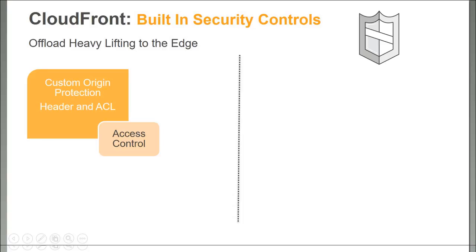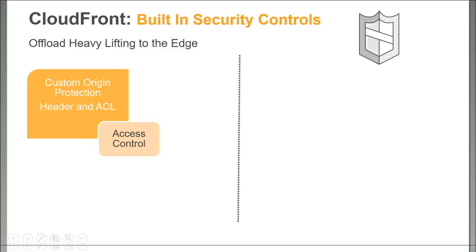First, we have the ability to protect or control access to your origin, your AWS hosted origin or your custom origin, by injecting headers and ACLs. So you can have CloudFront inject a header into all requests that go back to your origin, such that that can be used as a verification or an authentication that it is CloudFront that's making the request.